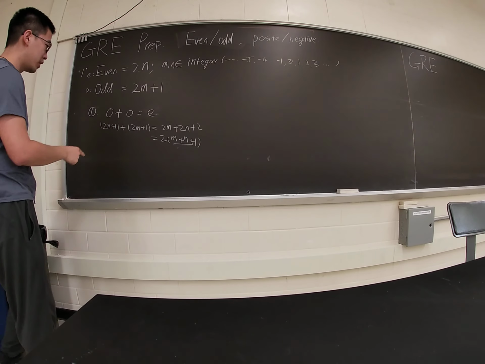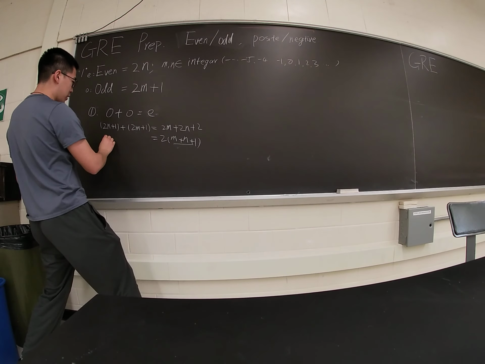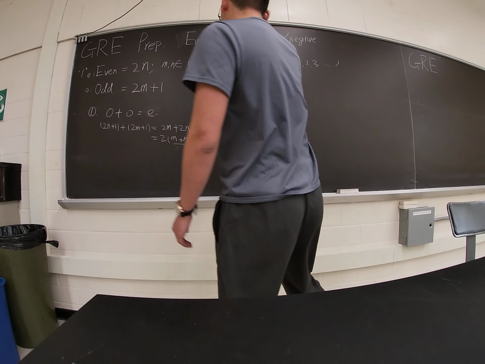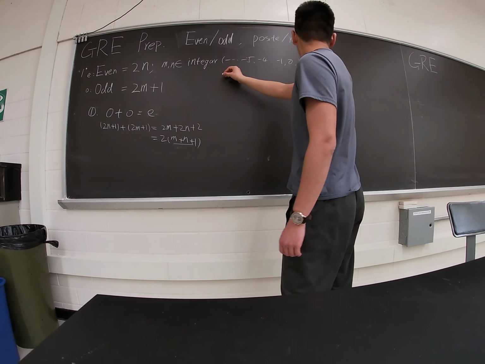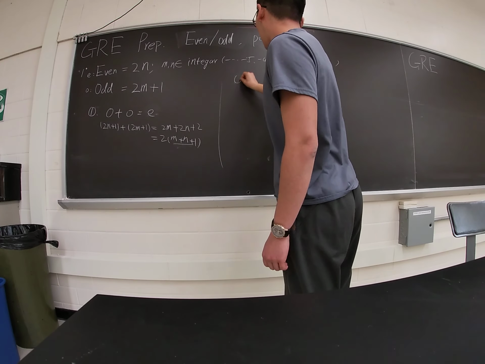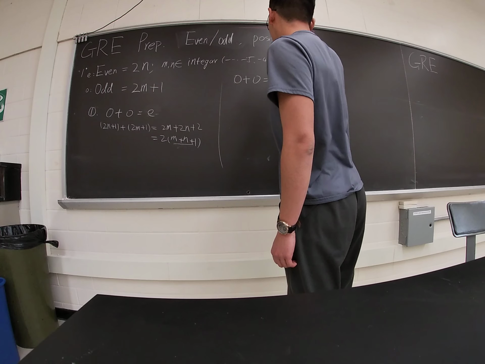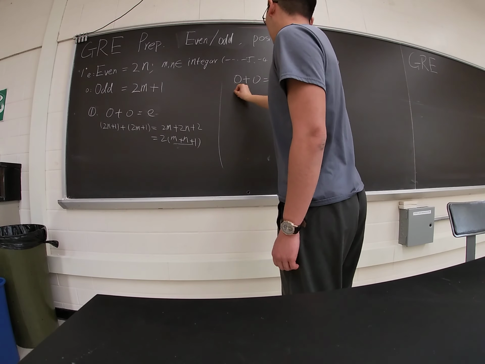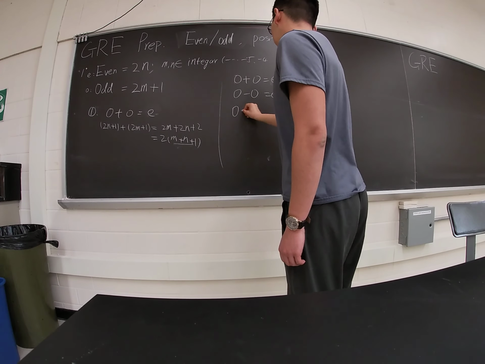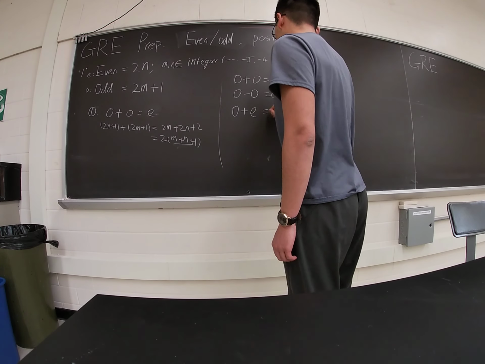In the same spirit, you can do the same thing and you will have a whole list of things. For instance, odd plus odd is even. Odd minus odd is even. Odd plus even is odd.